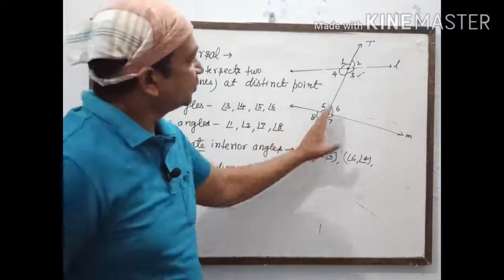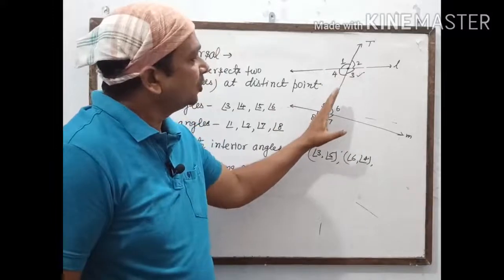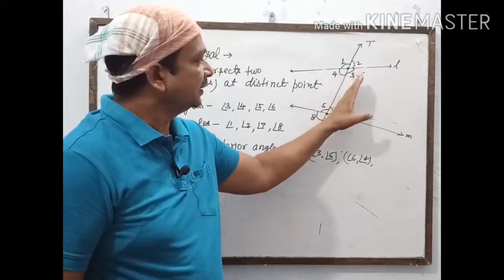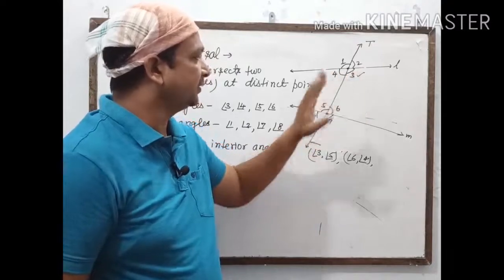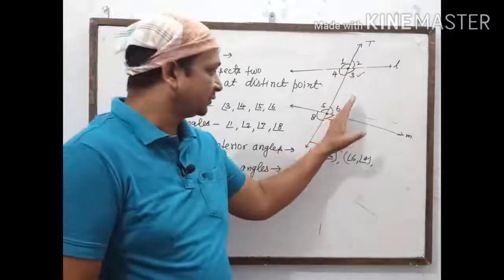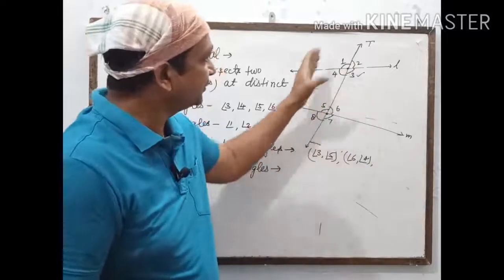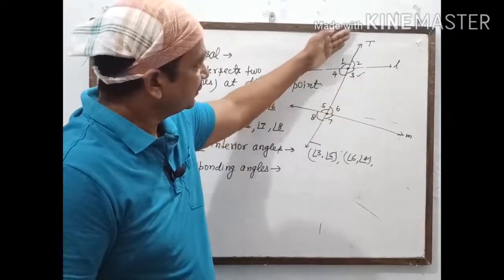When we draw a transversal, the total angles divide into 2 sides, the right hand side and the left hand side. Then 4 angles lie on the right side of the transversal and 4 angles lie on the left side.